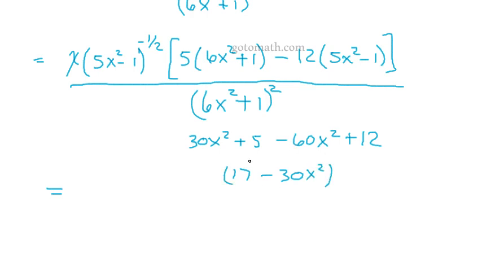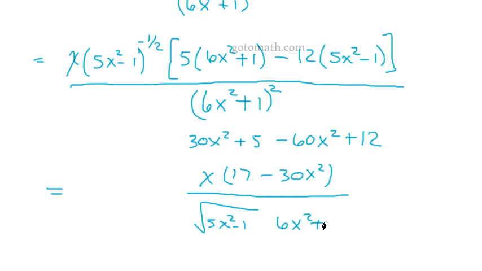So this is kind of a little side work right here. And then I'm going to leave that x up in the numerator, and take down the square root of 5x squared minus 1, and then rewrite 6x squared plus 1 squared. Barely got it. So I hope that's it.